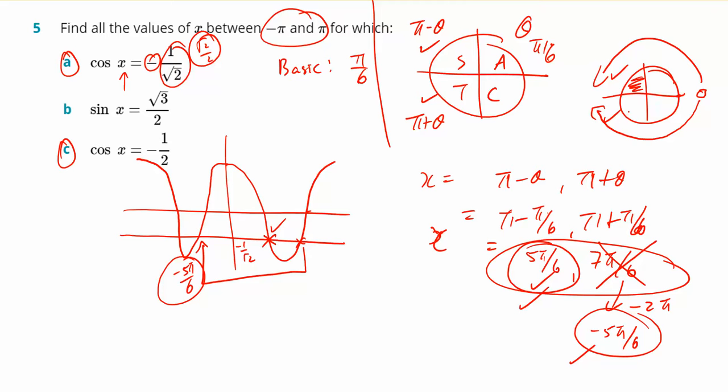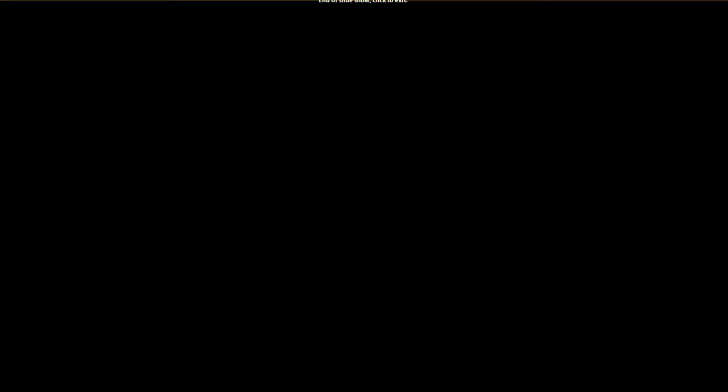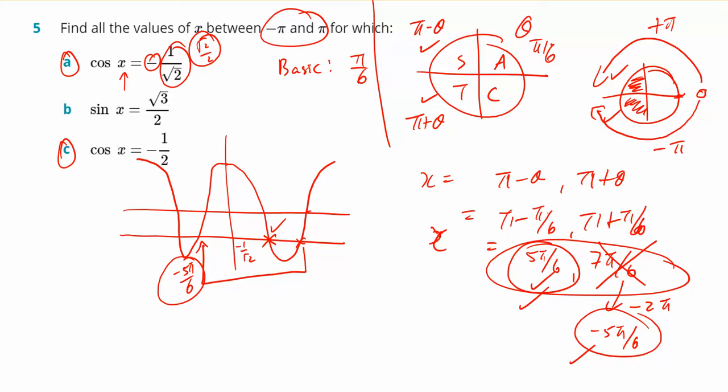Well, I know this quadrant contains solutions, so I pick up one. So I pick up one solution when I spin positive pi in the forward direction, and I also get one solution when I spin negative pi in the negative direction. Okay, so that's how you solve for your two solutions.